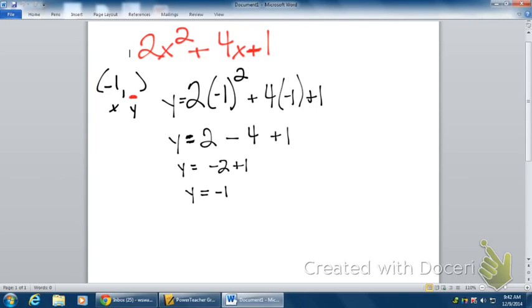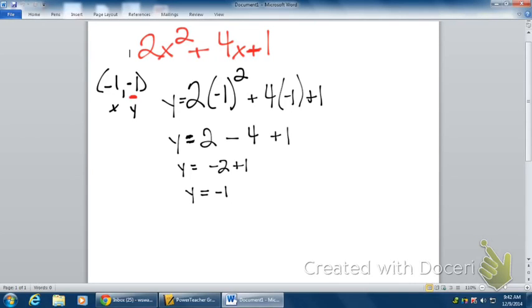We just found that out, didn't we? So we just figured out our vertex. We now know that our y value is equal to negative 1, so we're going to go over 1 and then down 1. So far, so good, right?